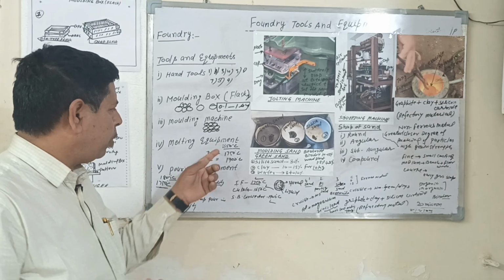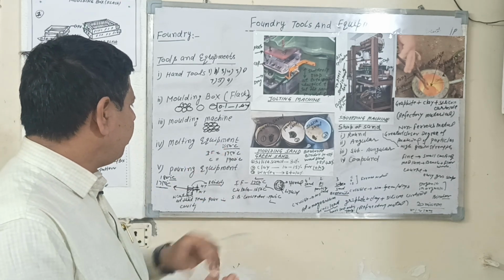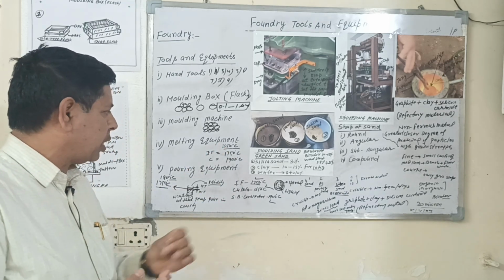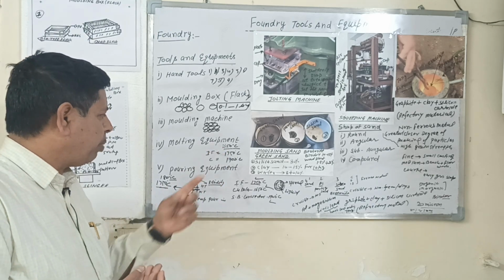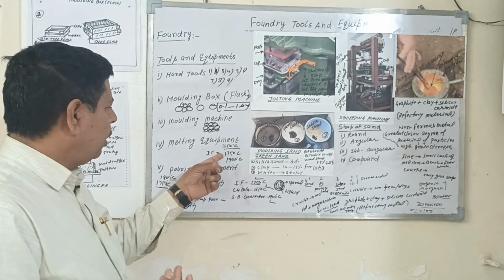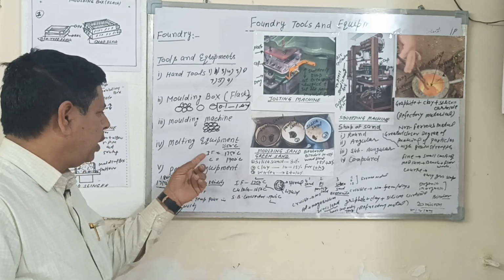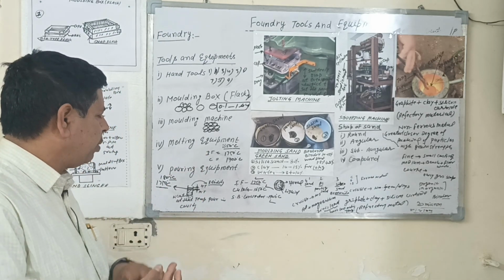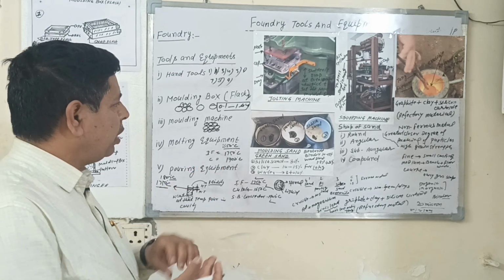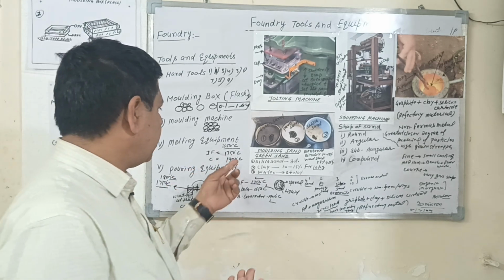In a cupola, about 1650 degrees Celsius can be obtained, in an induction furnace 1750 degrees Celsius can be maintained, and in a crucible 1700 degrees Celsius.